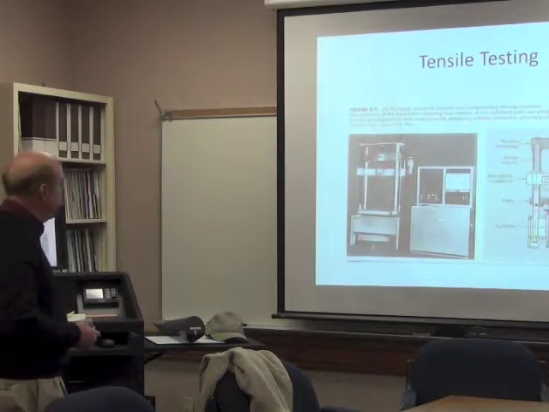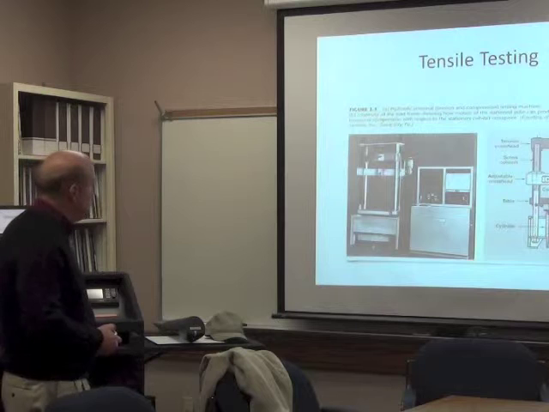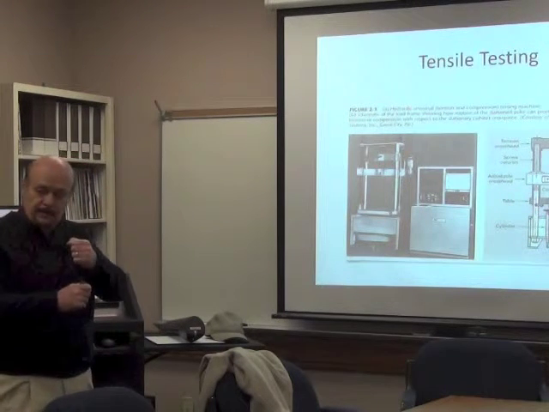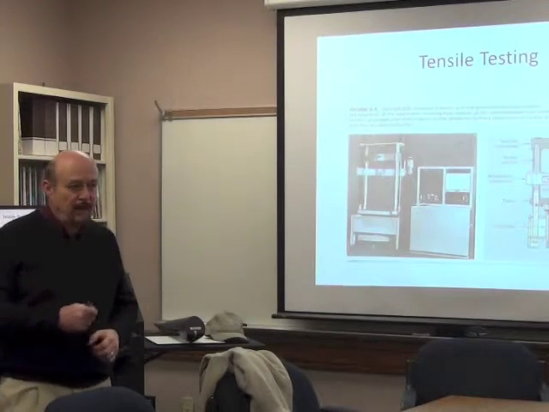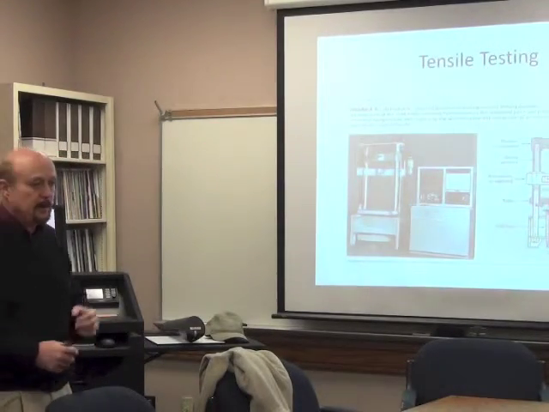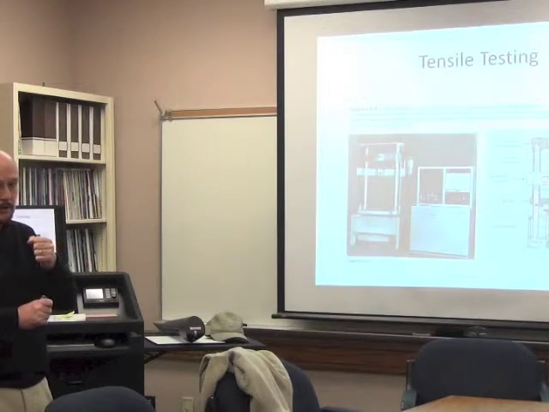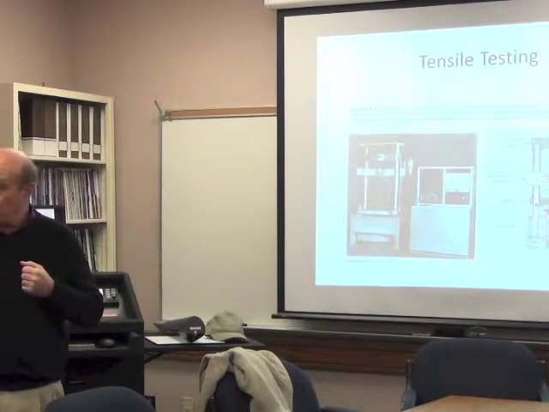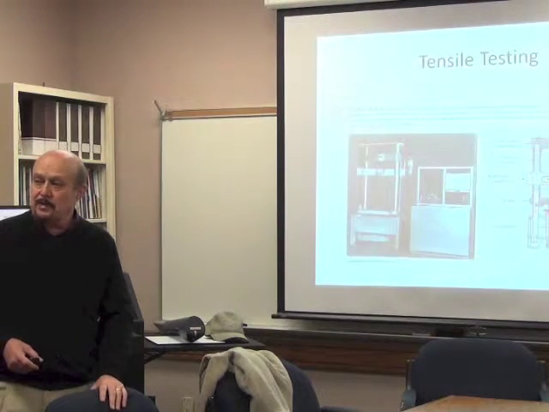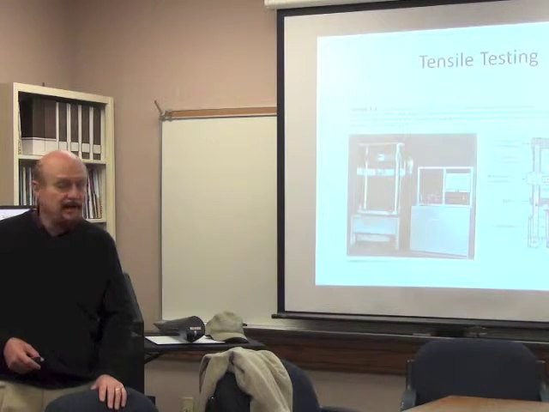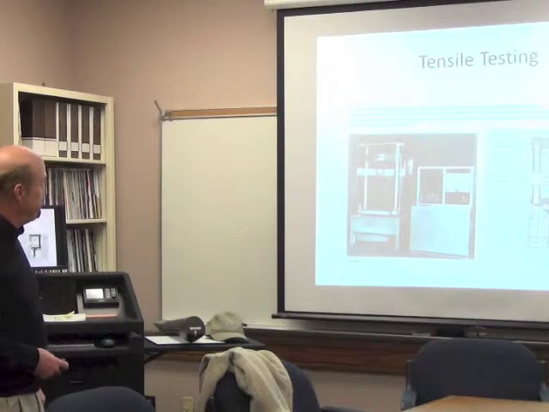This is a machine here, and you put a specimen in there, a tensile specimen, and you just pull on it. It's a pull test. The material starts to strain, and as the force gets larger and larger, eventually the material will break. And we can create what they call stress-strain diagrams out of that, engineering stress-strain diagrams.